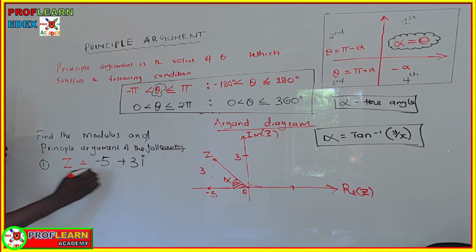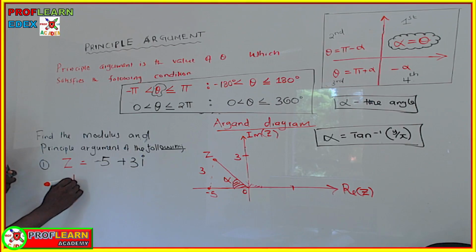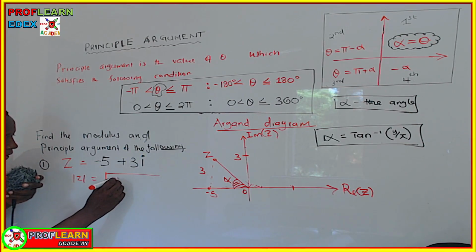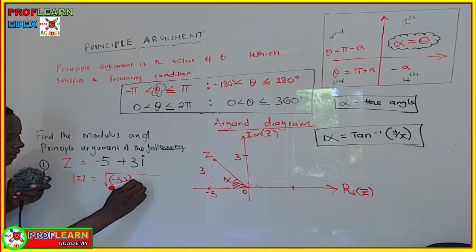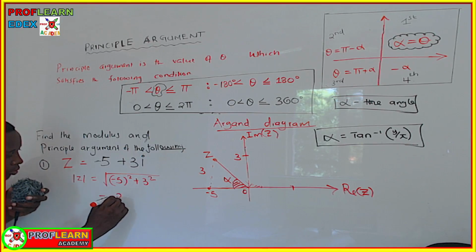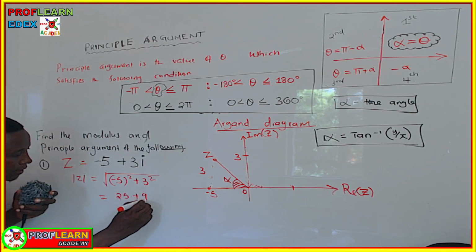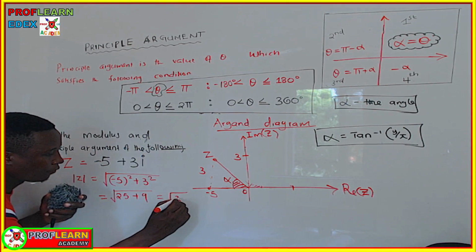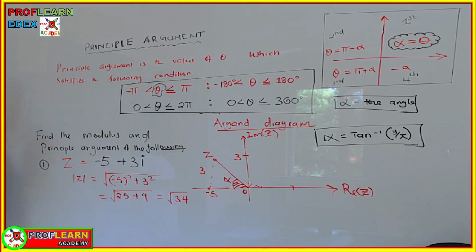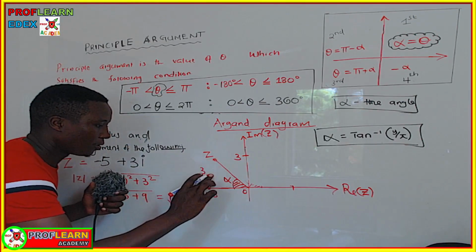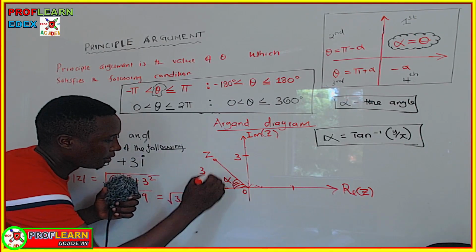To work out the modulus of z, this is the square root of negative 5 squared plus 3 squared, which is 25 plus 9. The square root of that is root 34. So the modulus of this complex number is root 34.